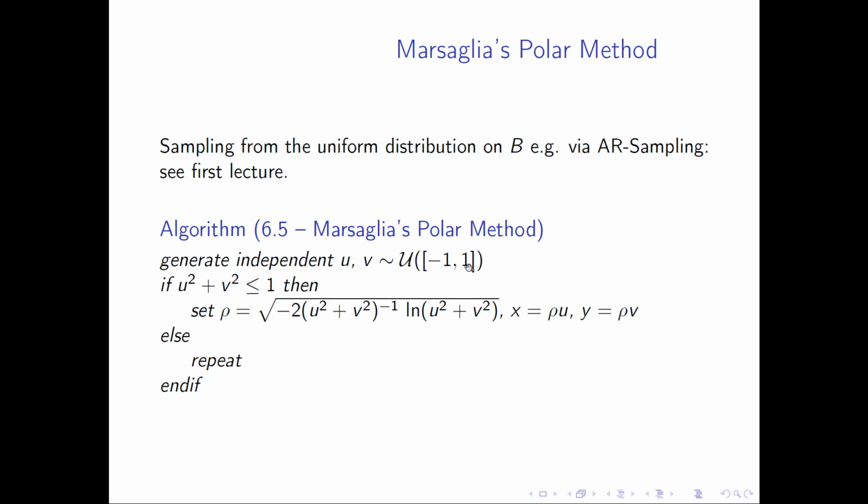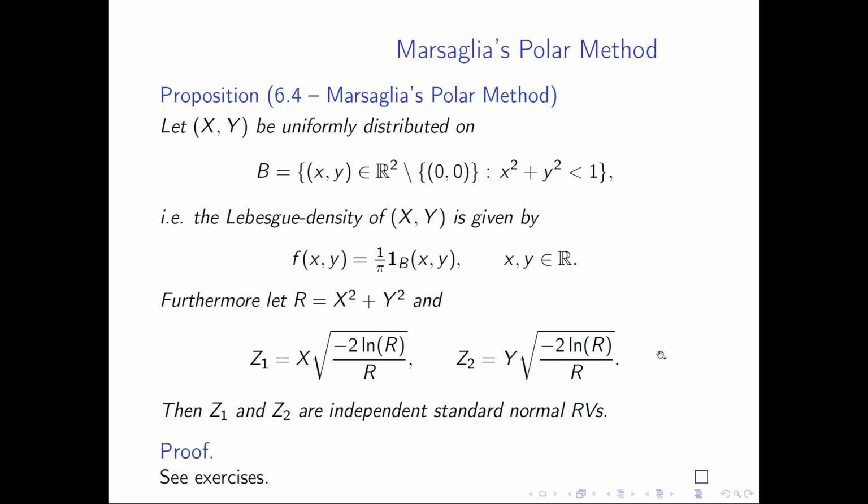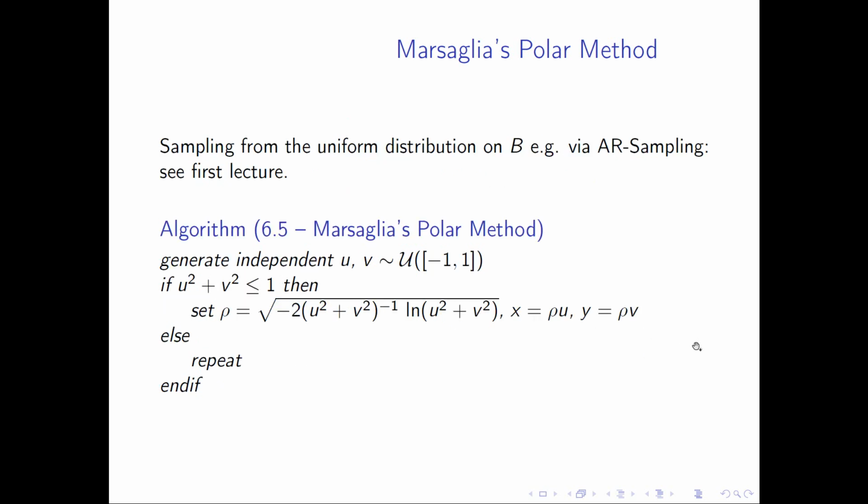This covers the unit circle, and if the sample falls into the unit circle, then we keep it, and if not, we reject it. And if we keep it, then this line here does the Marsaglia polar step. This is just written in a slightly different way from what is written here. So also Marsaglia's polar method is easy to implement, while we have now this additional acceptance-rejection step, but no sine and cosine.